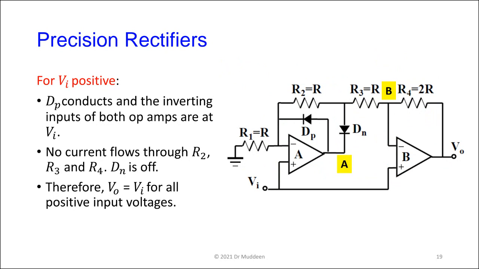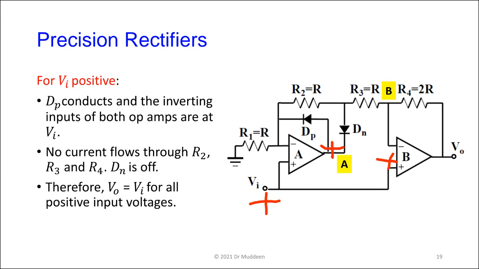Okay, so Vin is positive. We said here is positive. It's a non-inverting amplifier, so we have positive here and positive here.